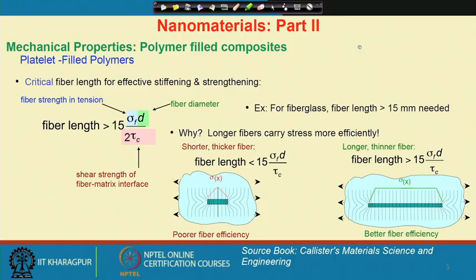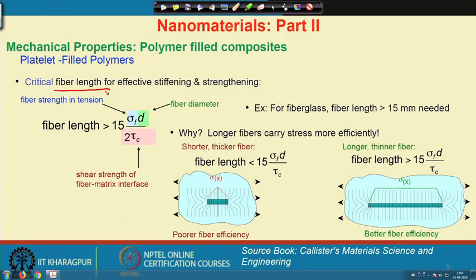Usually when we introduce some fibers, the fiber length is important, because continuous fiber is necessary for effective load bearing capacity. Here, the terminology continuous does not mean that the fiber is physically continuous.